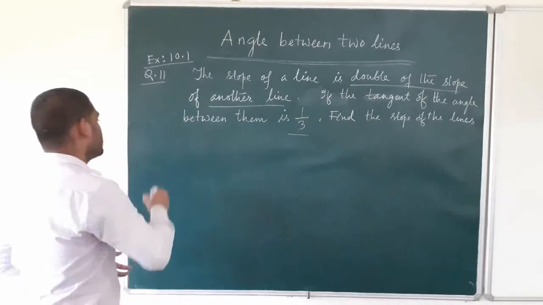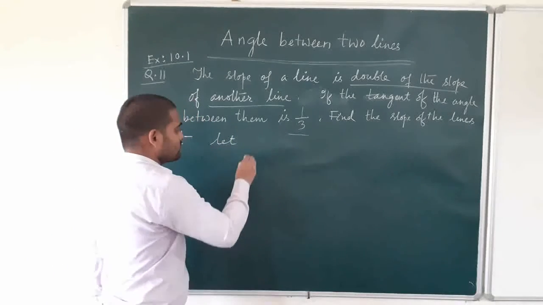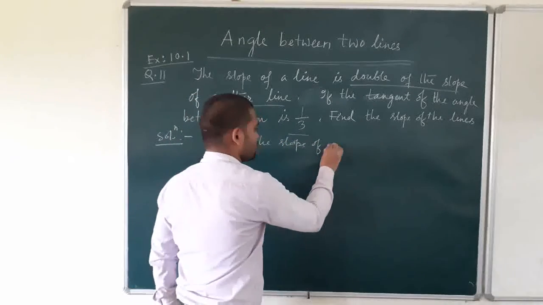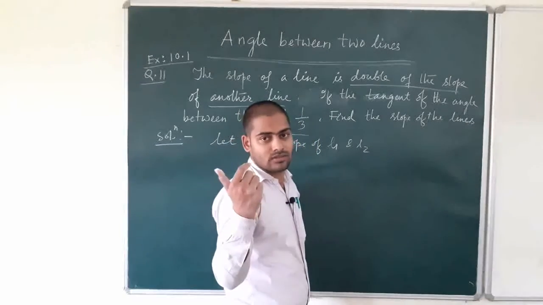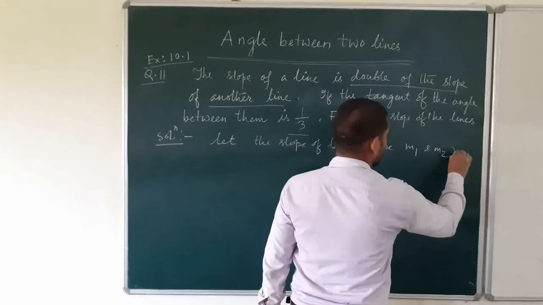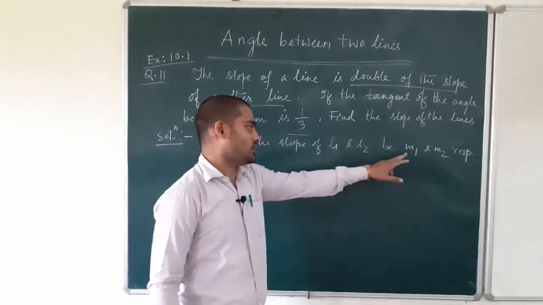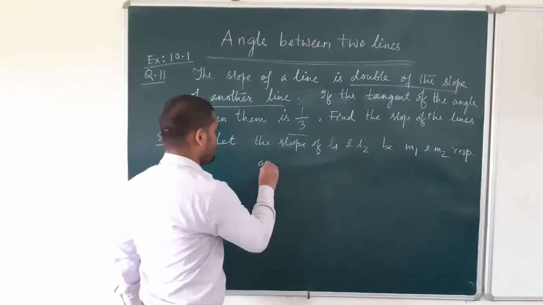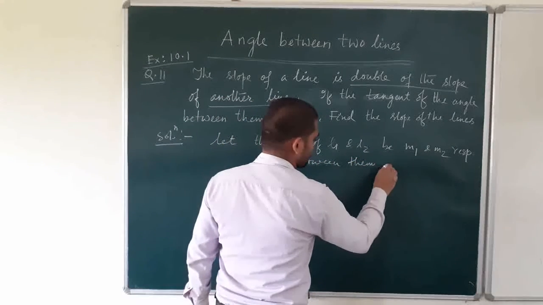So let the slopes of L1 and L2, the two lines, be m1 and m2 respectively, and the angle between them is theta.